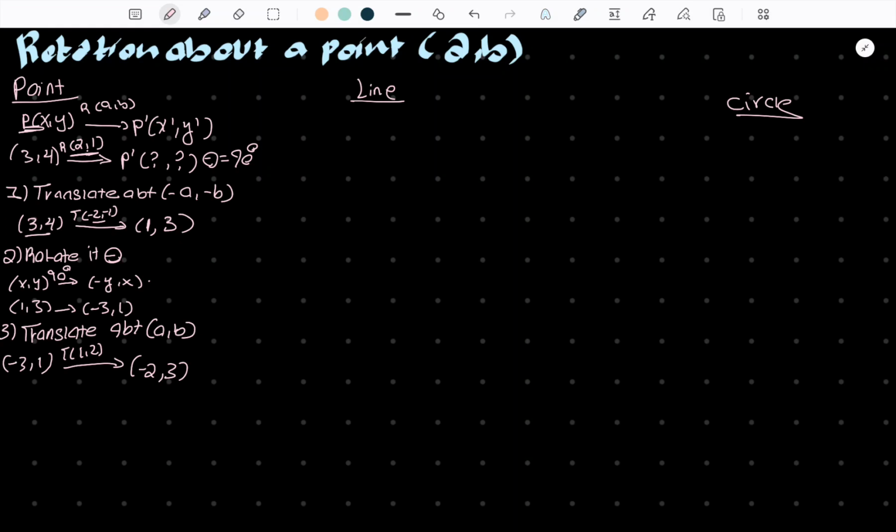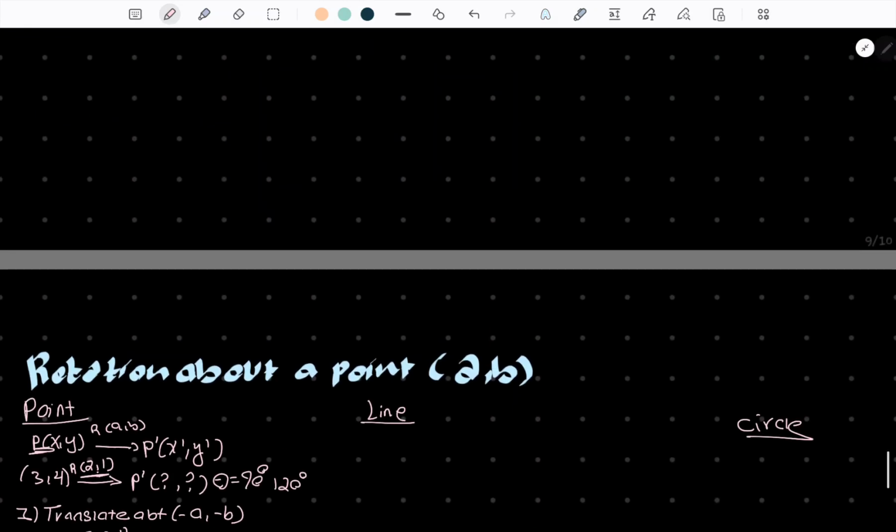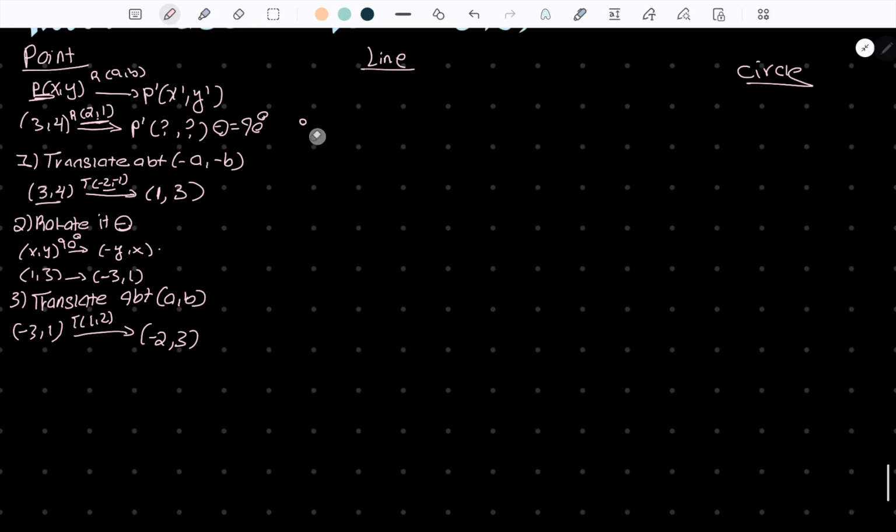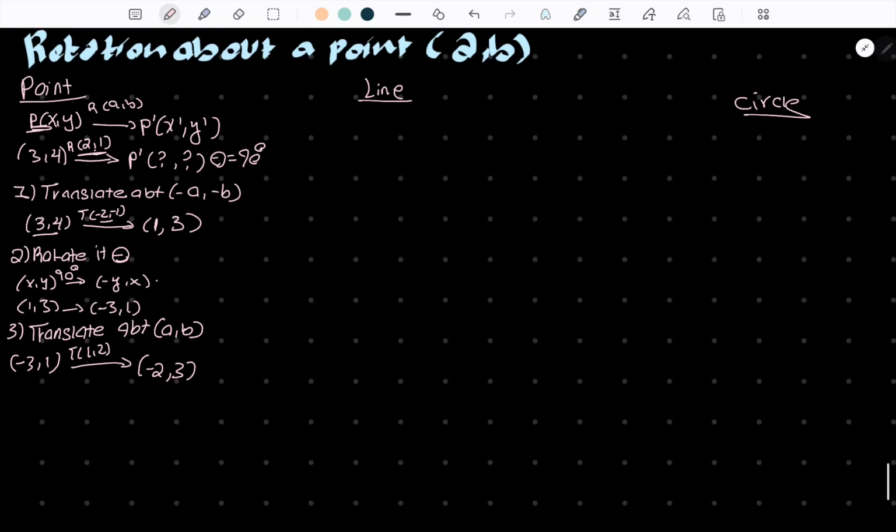But if we're given a niche angle, like for example, let's say 120 degrees, 135, our answers will definitely be different, and we will be using the formula, which is x prime equals x cos theta minus y sine theta.